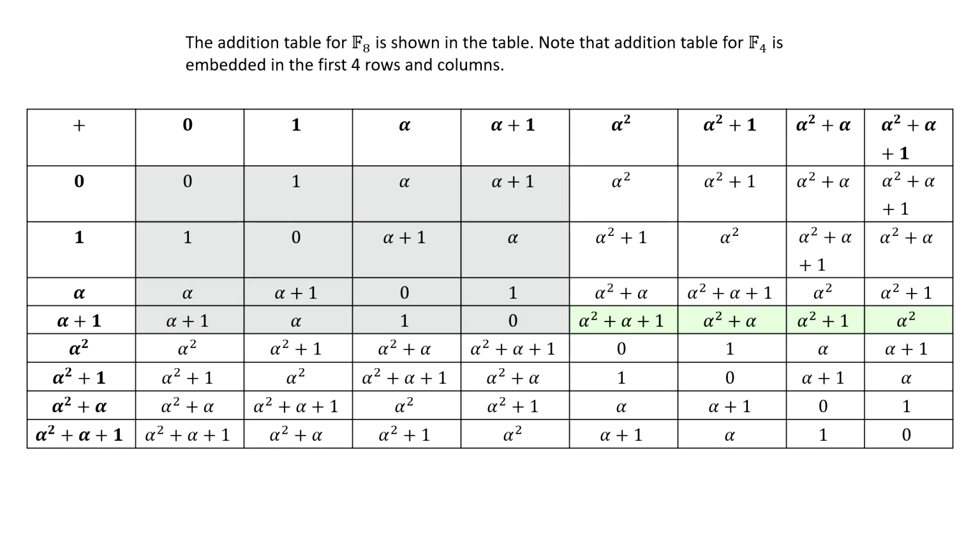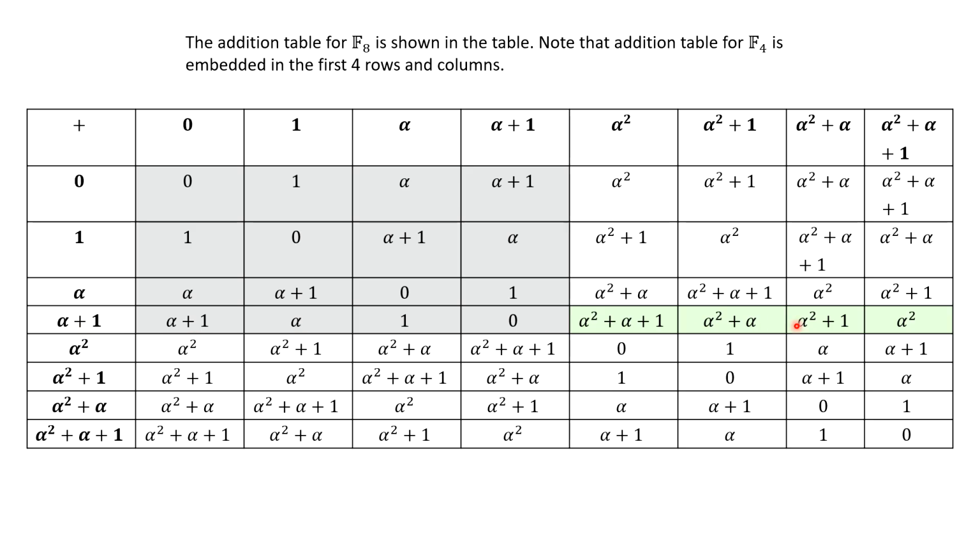On this slide, I have the addition table for F8. Let's just look at a few of them. Most of them are pretty straightforward. Let's look at the ones in green. If we have alpha plus 1 plus alpha squared, we just get another element in our field. Alpha plus 1 added to alpha squared plus 1, we get alpha squared plus 2 alpha plus 2, but 2 is 0 in the integers mod 2, so that's alpha squared plus alpha.